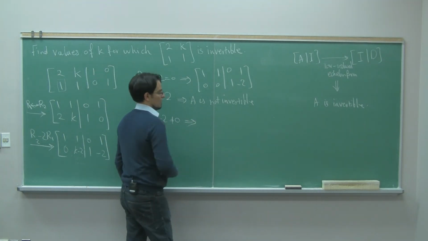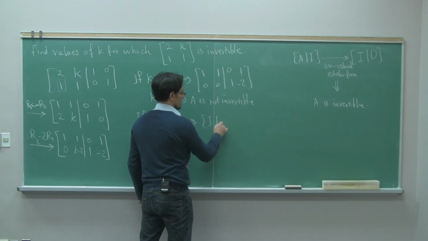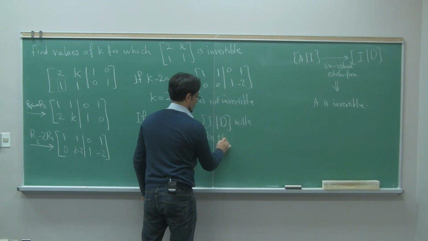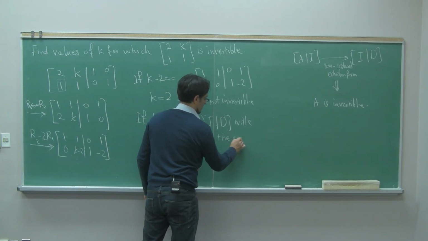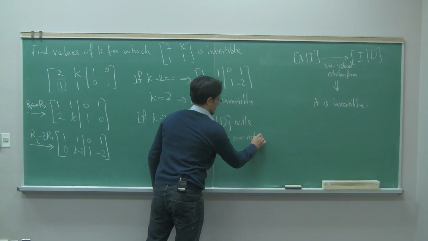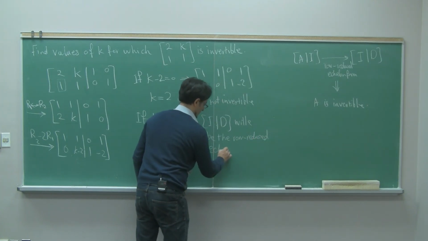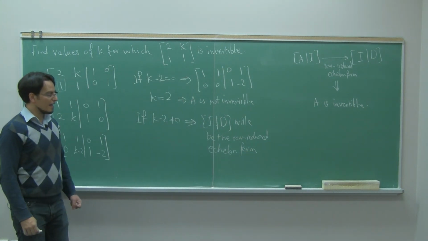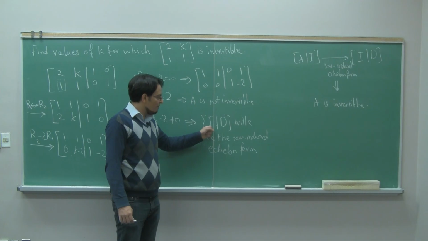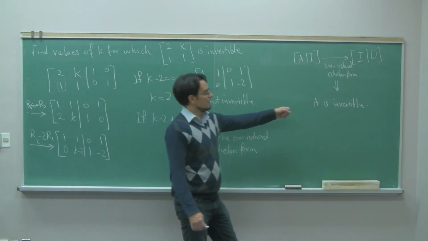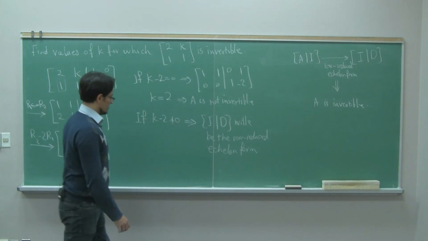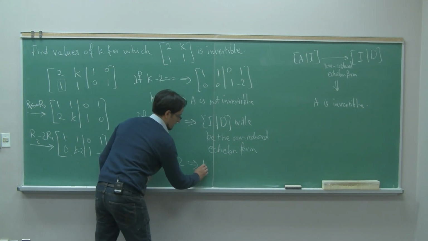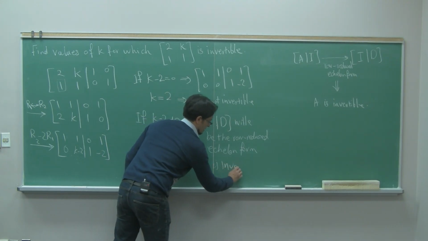That means I can get to I on the left, and being able to have identity means that A is invertible. So in this case, k not equal to 2, A is invertible.